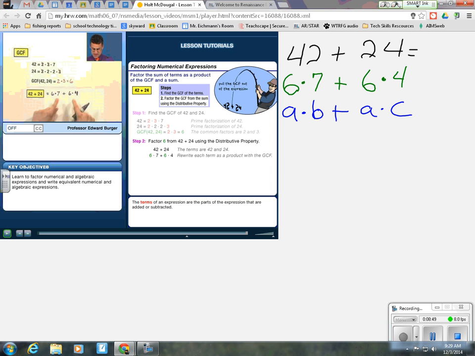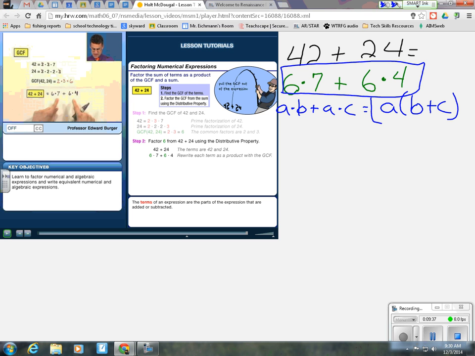So when expressed or shown algebraically, factoring looks like this: A times B plus A times C equals this: A, and then parentheses, B plus C. So what I'm going to do is I'm going to rewrite this thing right here in this form.